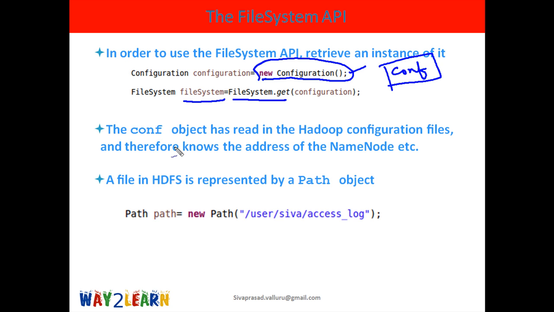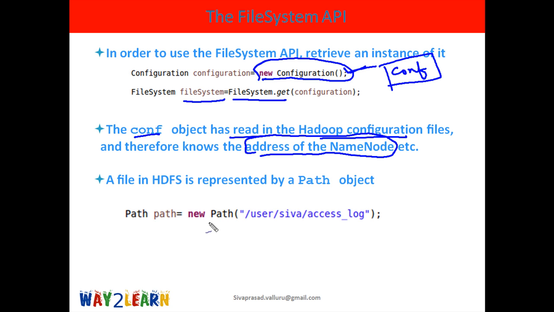Once you have the FileSystem object, you will be able to read and write. As I told you, the Configuration object has read the Hadoop configuration files, and therefore it knows the address of the name node. Before you write or read, you need to identify a file by using an object.